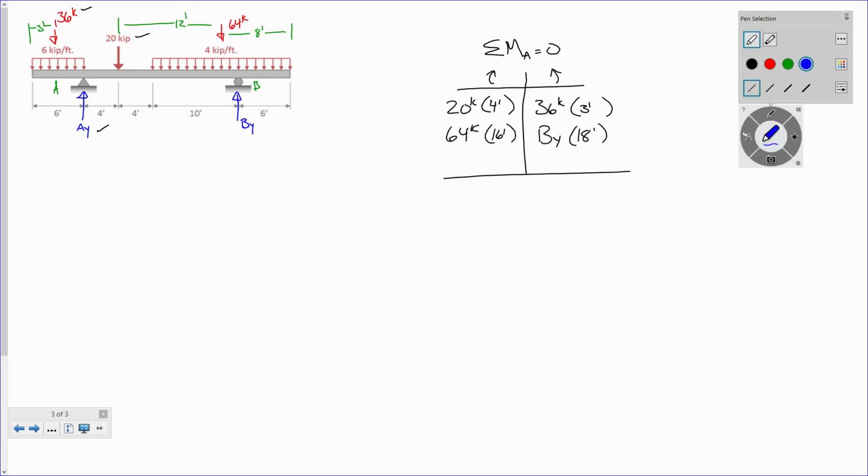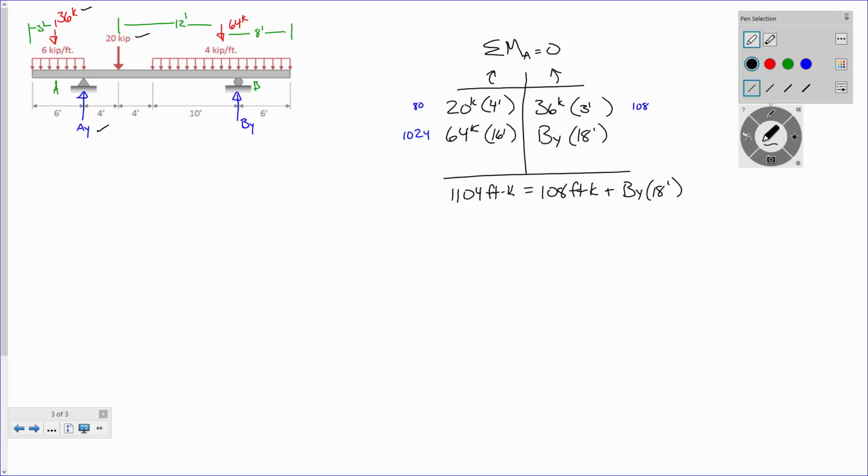36 times 3, that's 108. 20 times 4 is 80. 64 times 16 is 1,024. So on the left side it's 1104 foot kips. Over here, we've got 108 foot kips plus BY times 18 feet.